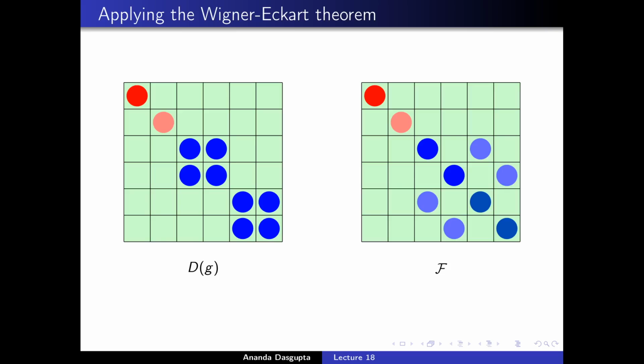However, the special constraints imposed by the Wigner-Eckhart theorem make the problem even easier. Let me remind you what we had seen earlier. If instead of using this particular order of writing down the basis vectors E3, E4, E5 and E6, we had used the order E3, E5, E4 and E6, then curly F would take a form in which this 4x4 block would break up into two smaller 2x2 blocks, in fact two identical 2x2 blocks.